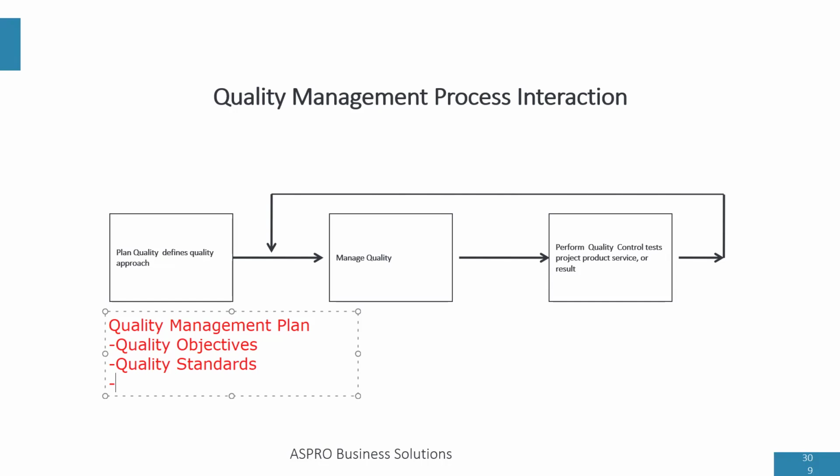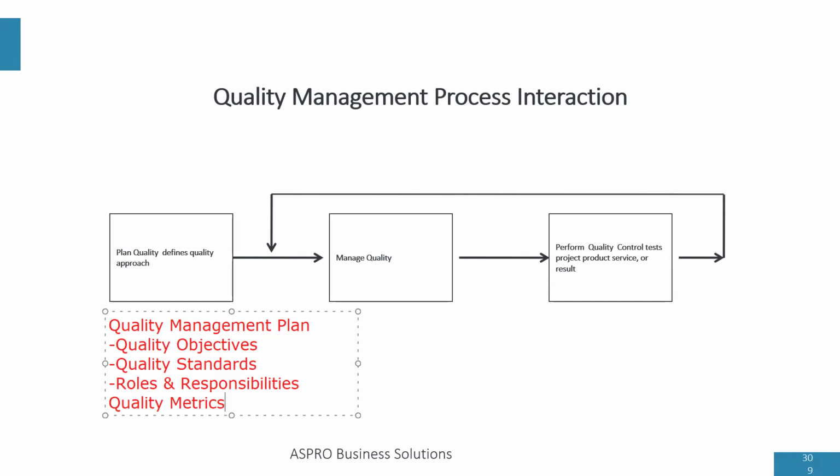Then the quality management plan will include goals and responsibilities. This talks about people that are going to be responsible for taking quality activities. And then another output of plan quality is the quality metrics. And the quality metrics determine what is tested.